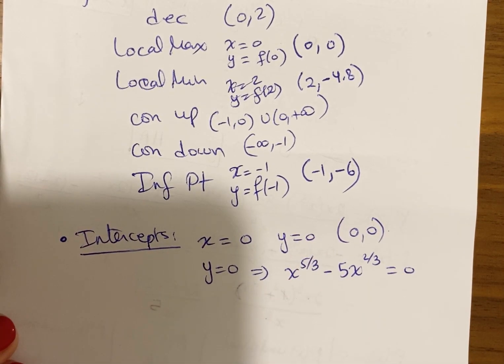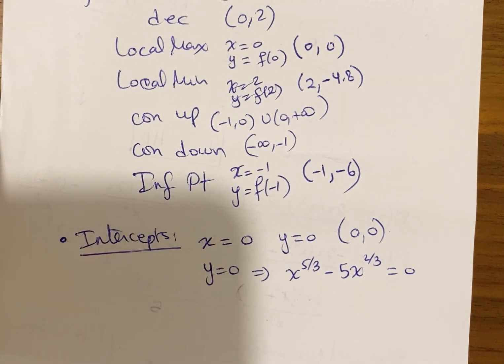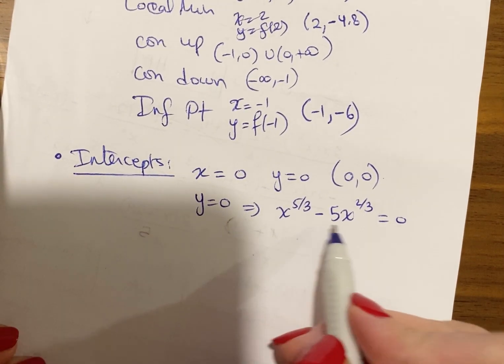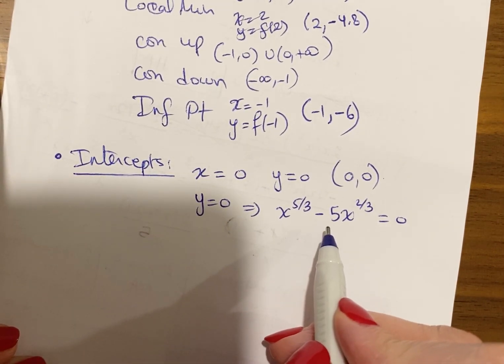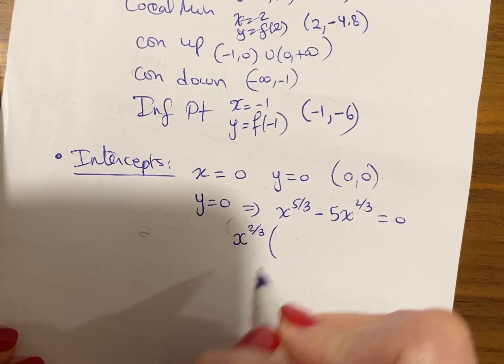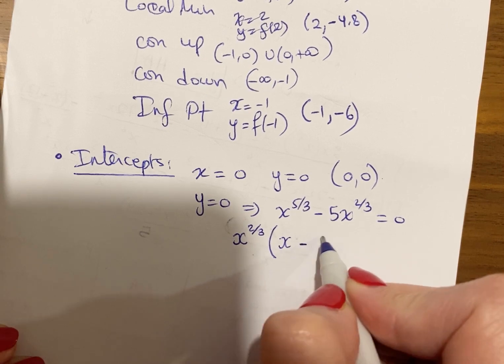To be able to solve this, we always need to think outside the box. So that's why we learn together the first time, then we do it on our own. In order to solve this, I have to take x to the power 2 over 3 as a common factor. What I have left is x minus 5 here.